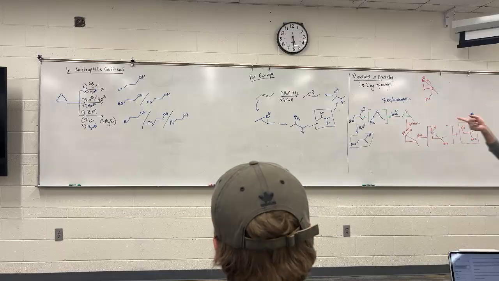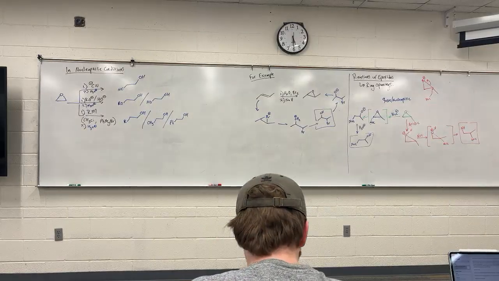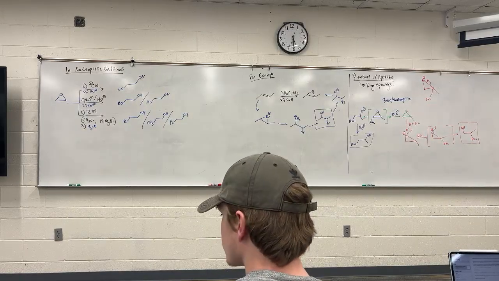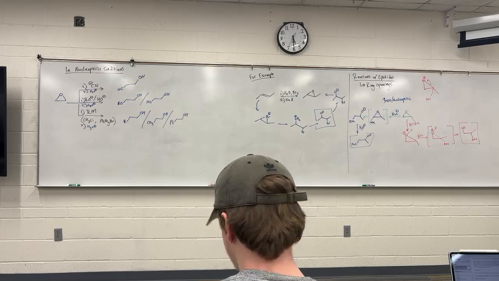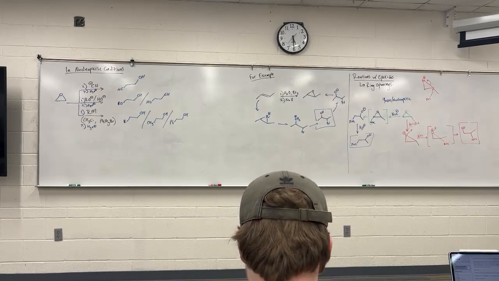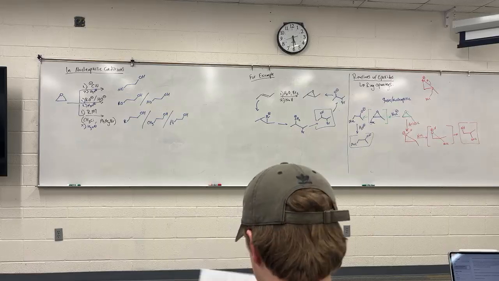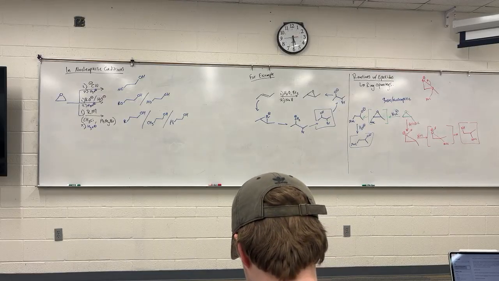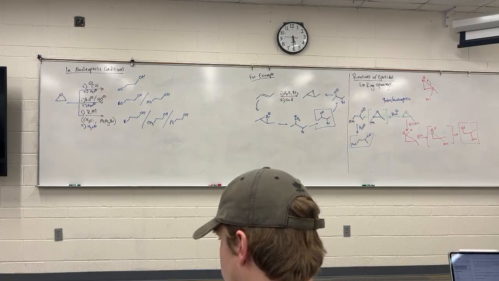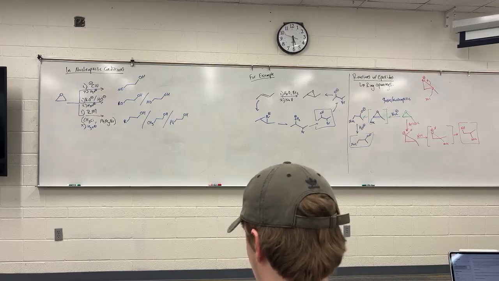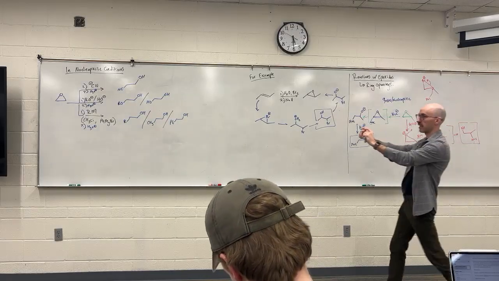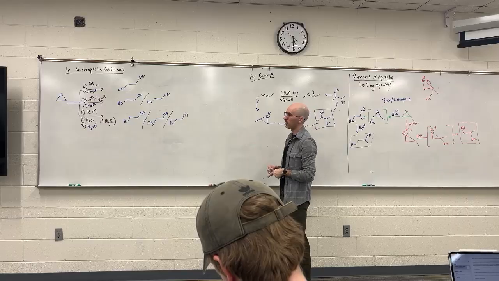By the way, that epoxide, that 2-carbon epoxide, is called ethylene oxide. Ethylene is our carbon-carbon double bond, CH2CH2 double bonded. Ethylene oxide is just that CH2CH2 bridged by the oxygen.